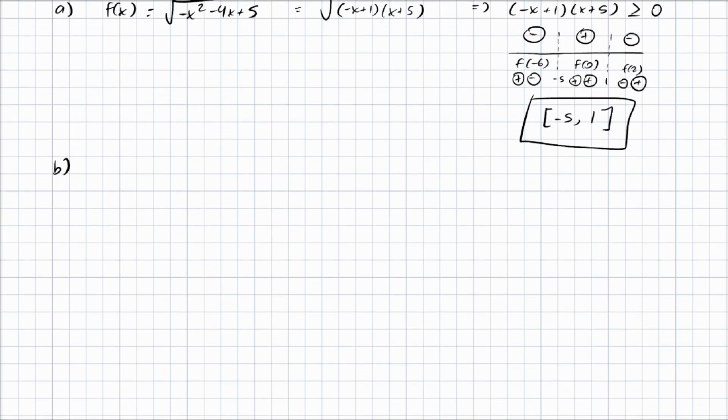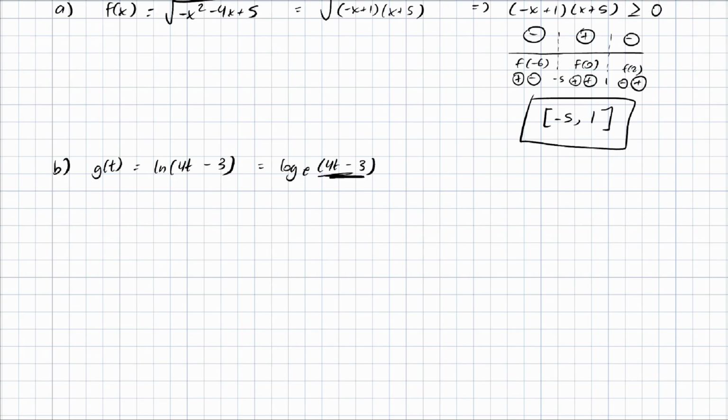B. Okay. B has g of t equals natural log of 4t minus 3. So this is a log base e of 4t minus 3, and we have a positive base like this, right? Your argument, whatever goes in here, needs to be greater than 0, not greater than or equal to, greater than 0.